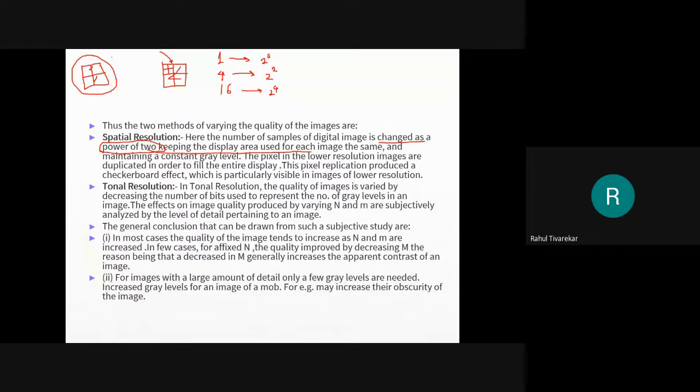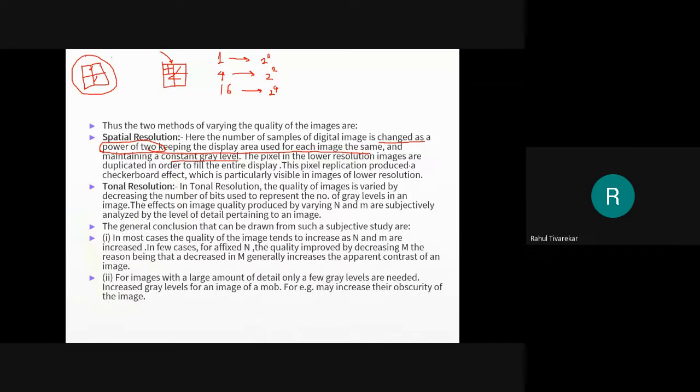So spatial resolution means increasing the number of pixels by keeping the same area and maintaining the same contrast, the same constant gray level. So here we are not talking about any variation in the gray level. If you have 8 gray levels, use those same 8 levels, but use a greater number of pixels. That is called spatial resolution.